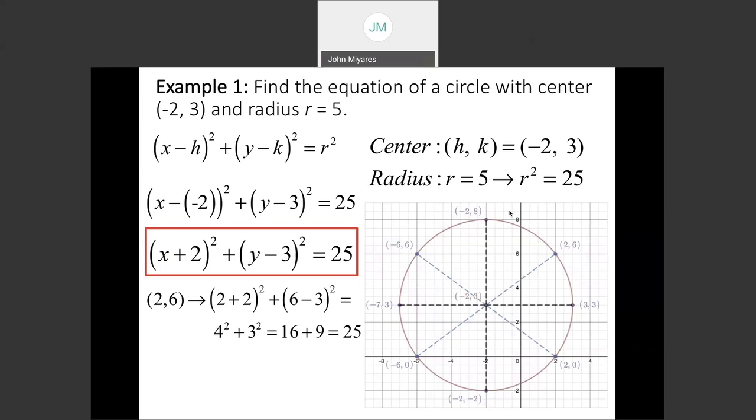Similarly, to verify the point (-6, 0) is on the graph of the circle, we can plug in x = -6 and y = 0 into the equation and get -6 plus 2, which is -4, squared is 16, plus 0 minus 3, which is -3, squared is 9, which adds up again to 25. I won't show this for the other points, but rest assured it will hold true for all the points that are marked on the circle.